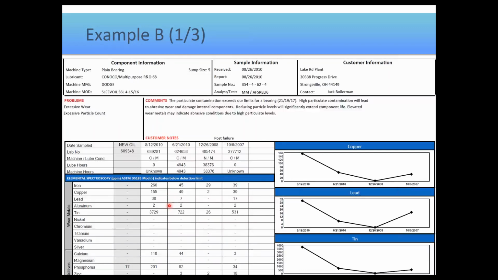But the next number after all these wear metal effects that we find is this calcium value. We've got a history of very low calcium, and it suddenly ramps up, and the new oil suggests there is none. And like I said up here, RNO already told me that. So I've got high calcium appearing in this sample. That suggests to me there's another fluid getting in here, because that would be a pretty common reason to have calcium show up.